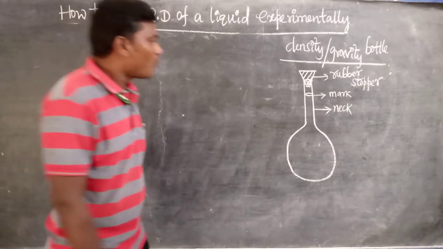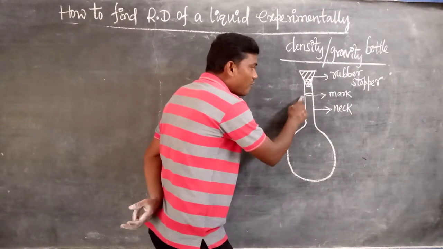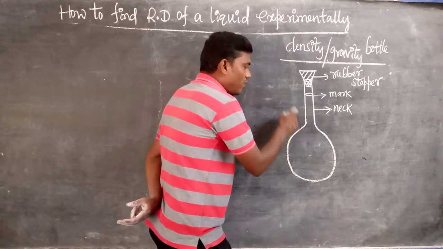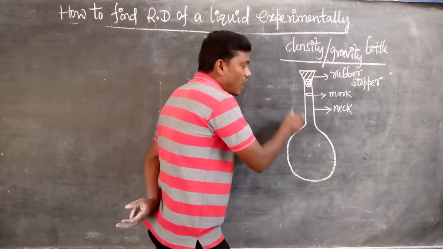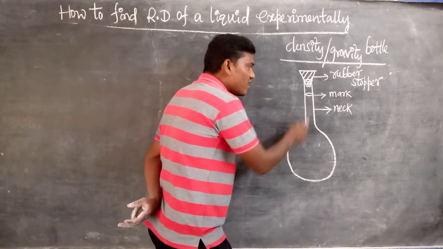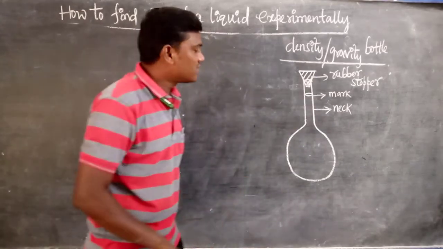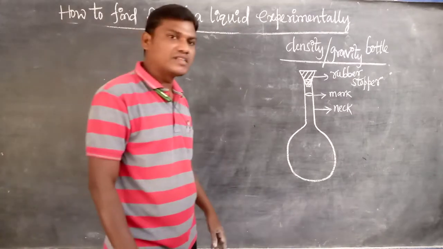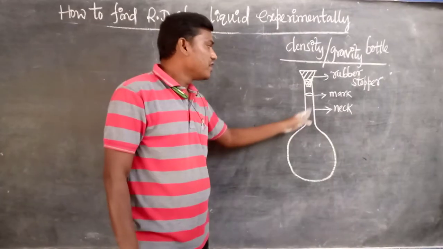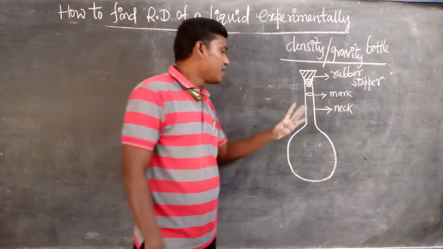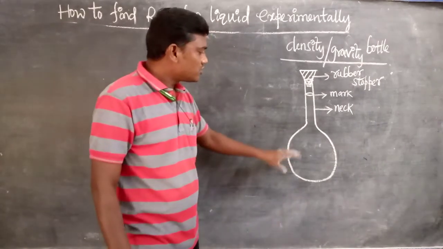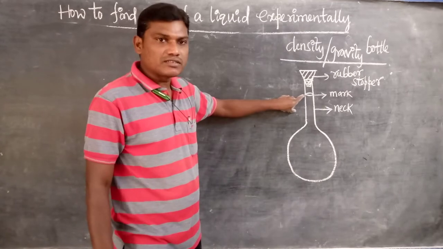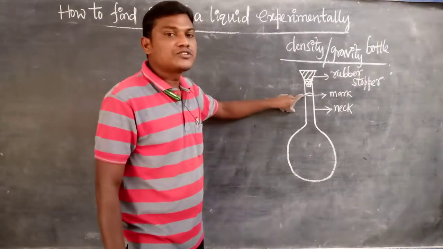Why is this mark there? Whatever liquid or water we fill in the bottle, we fill up to this mark, because density bottles of different capacities are available in the laboratory. So for the 20 ml density bottle we have taken, if the liquid or water is filled up to here, the volume of the liquid we have taken is 20 ml.